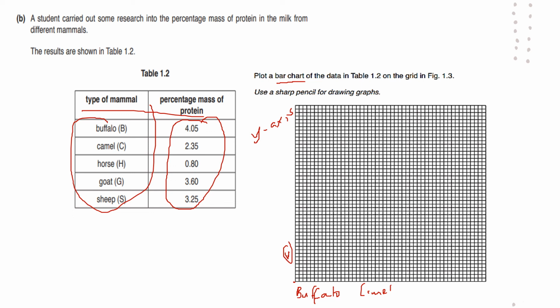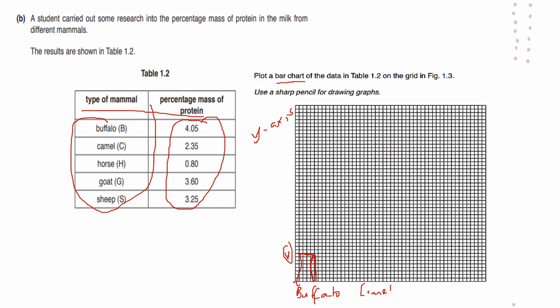Because what that will help is for you to plot a value like 0.8, you can easily just count then, this is 0.1, 0.2, 0.3, 0.4, 0.5, 0.6, 0.7, 0.8, and you can say, okay, this is my 0.8 over here. So I'm just going to draw my bar for the buffalo. Obviously, in terms of the width that you can take, that depends on how many values you have here.